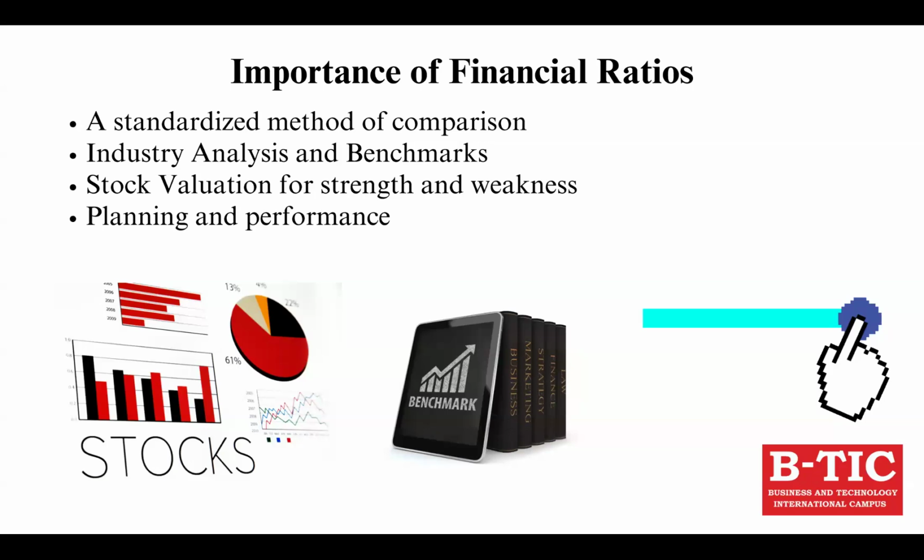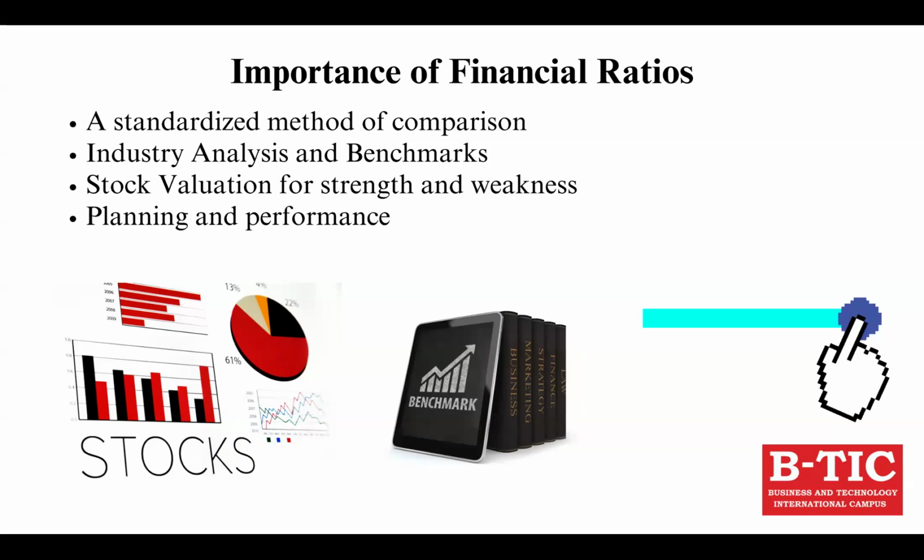But when you analyze the two companies with ratios, for example ROE, which means return on equity, or ROA, return on assets, you will be able to find out that actually the smaller company's operational level is much better than the multinational company. This is the reason why financial ratios can be used.